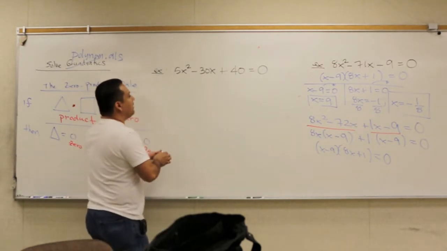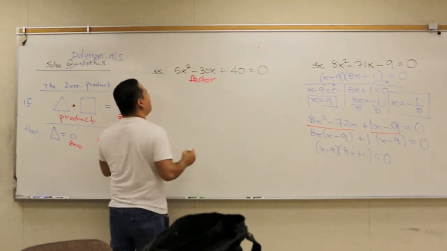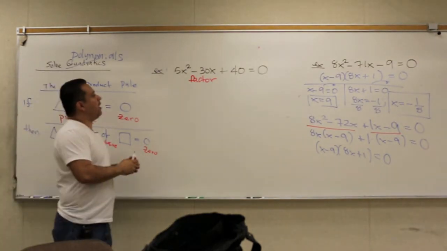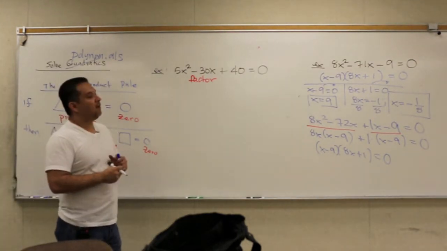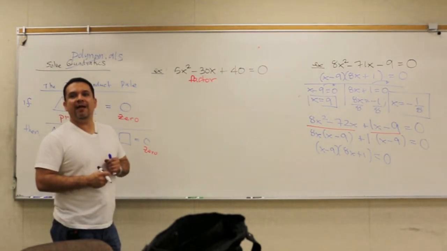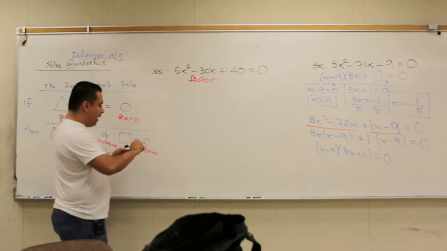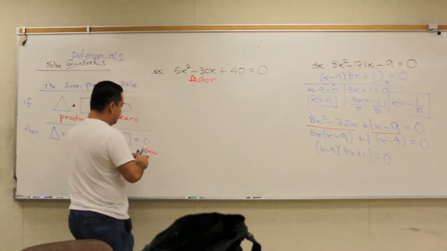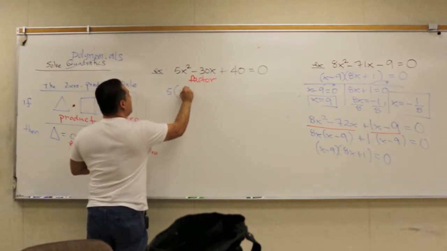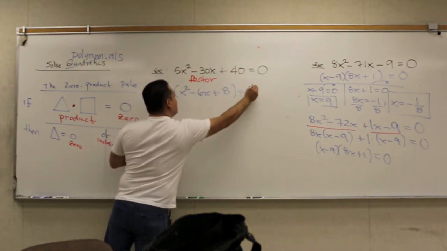The only way you can do that is by what? By factoring. You got to factor. Factor really means factor completely. So what do we take out? What's the greatest common factor? 5. Okay, so you're going to take out your 5. What's the quotient? x squared minus 6x plus 8 is 0.